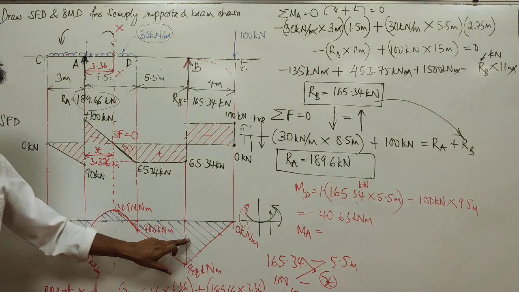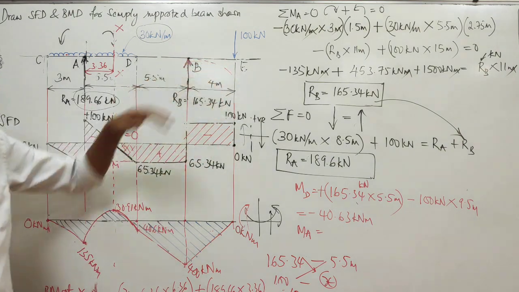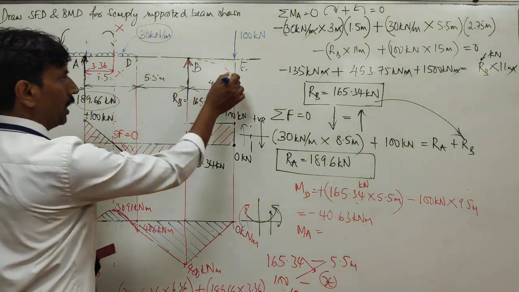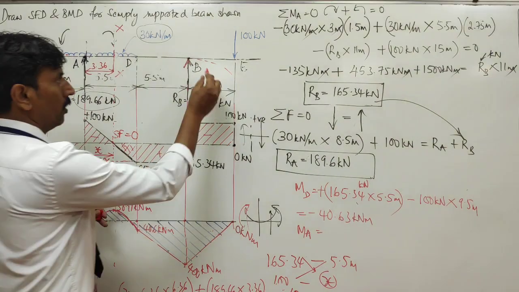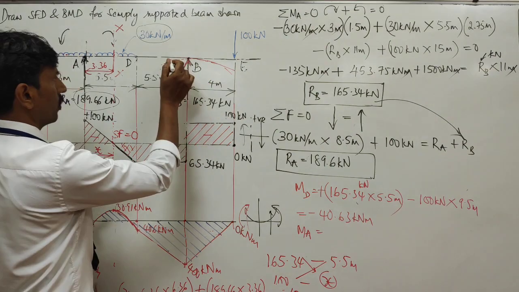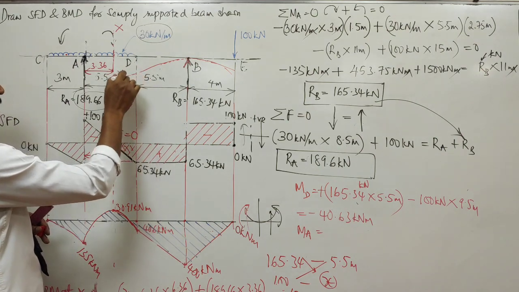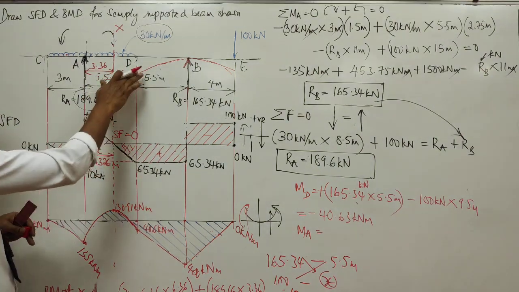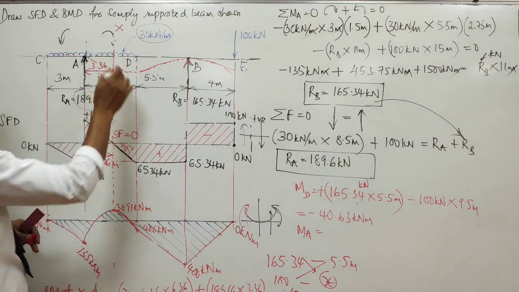So if it is like this, the beam will keep going like this because of this load, and here somewhere it will start to sag, somewhere like this.